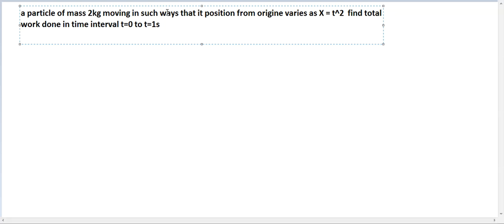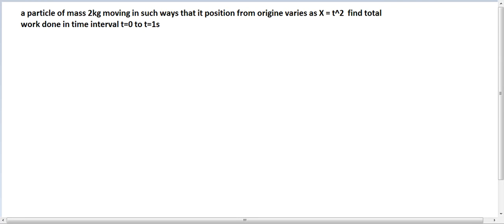Okay guys, here again we can solve this question by two approaches. By the first approach, we can apply Newton's law, and what we can use is that F is equal to ma.